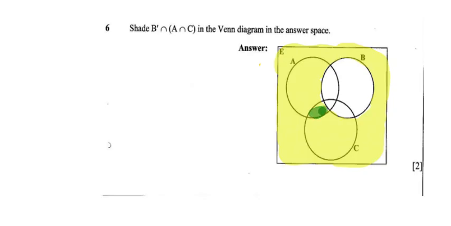So this is A intersection B. So if we have A intersection B like that, which simply means that the one, I mean A intersection C, not B, sorry. A intersection C has that point, right?